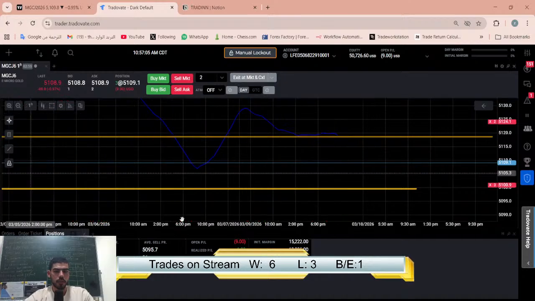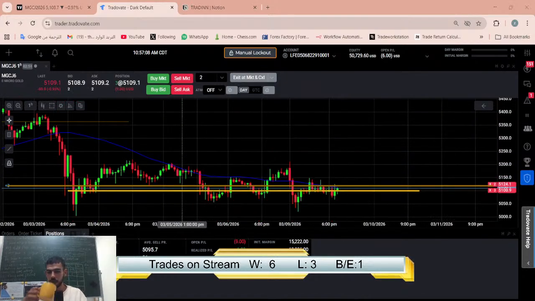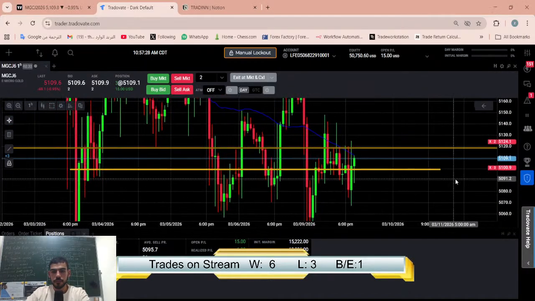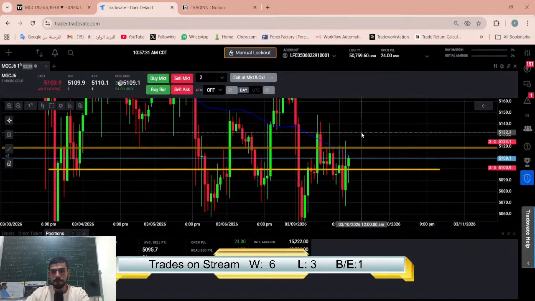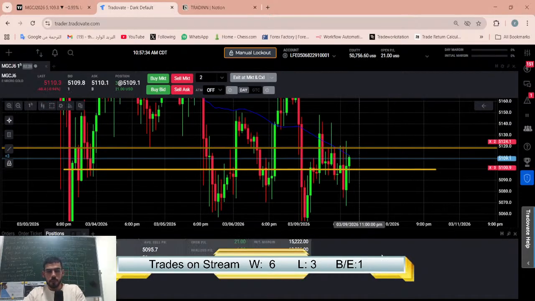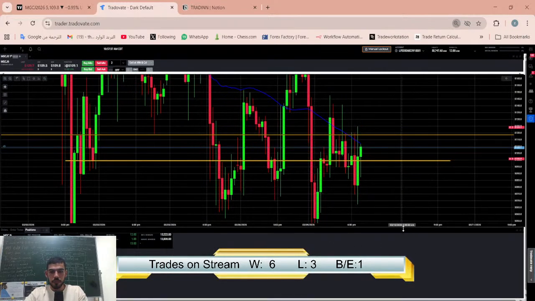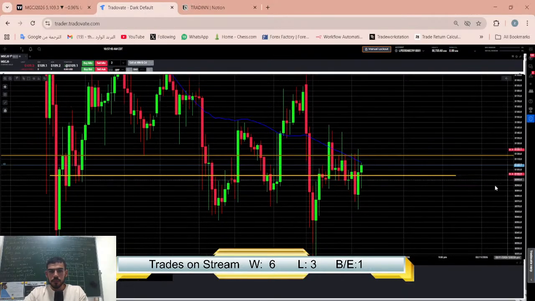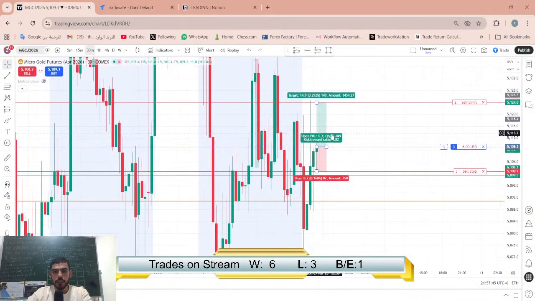So now the 1 hour candle is going to close. It's just moving in the same area.